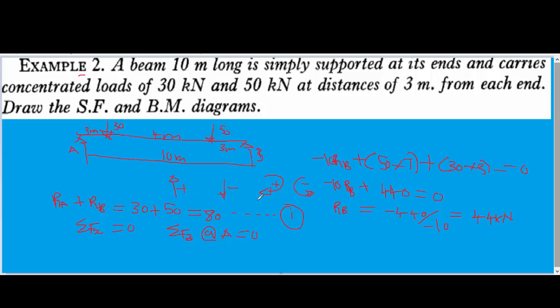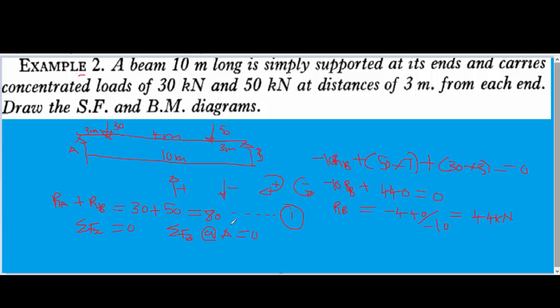So from here, to make it easy, there's no need for you to take moment from point B again to do all these long calculations. All you have to do is proceed to this equation we generated earlier, which is our equation 1, which is reaction at A plus reaction at B is equal to 80. So at this point, we have gotten reaction at B. So just substitute the value of reaction at B into the equation.